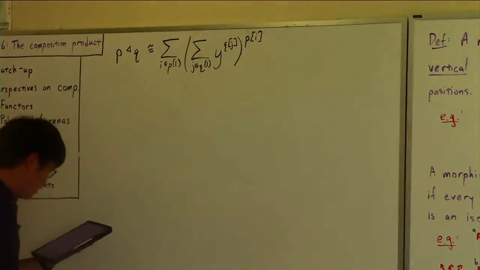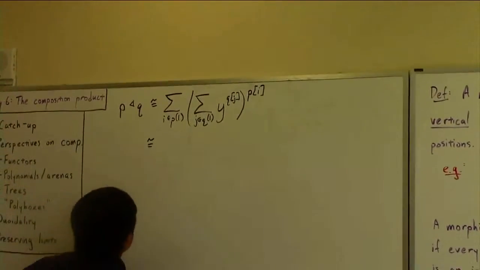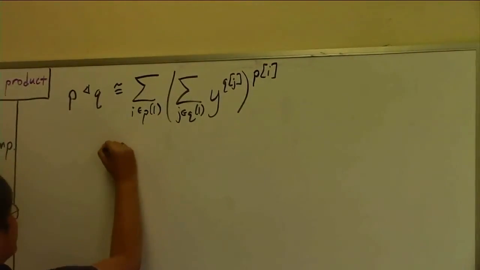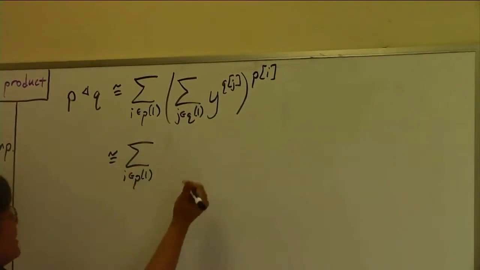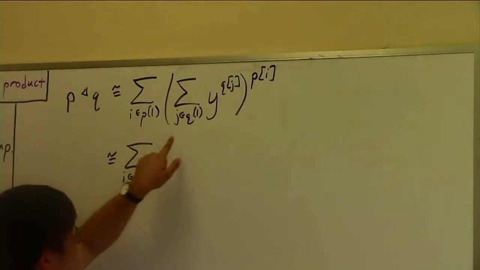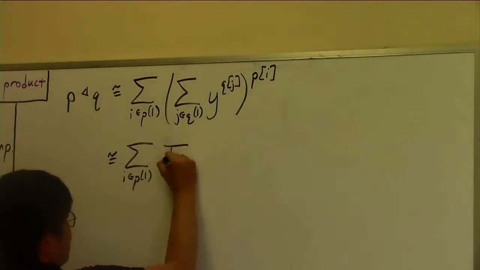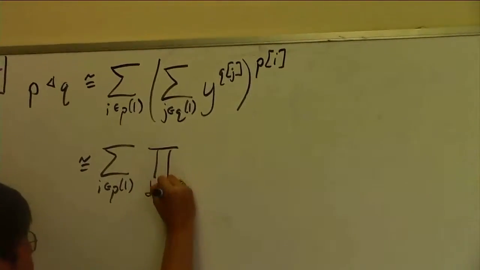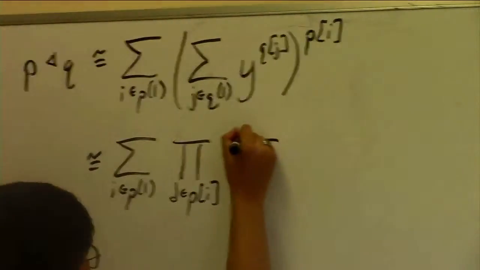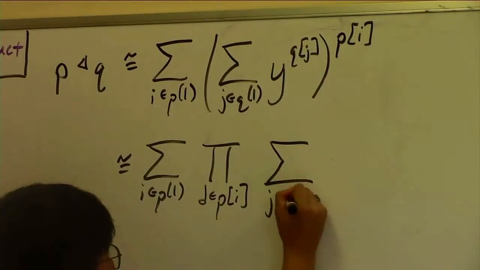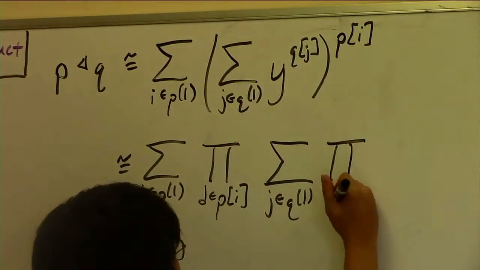OK. Now, we're going to write this out in a form that might be a little easier to see, but it's certainly indicative of something. So we're going to keep that. And we can think of this as a P bracket I fold product of this thing inside. So we can write this out as a product over elements of P bracket I, except we're not actually going to use this D. And we can also write y to the Q bracket j as this product.